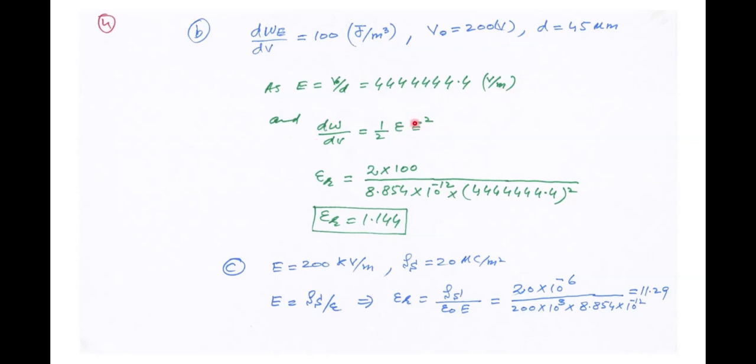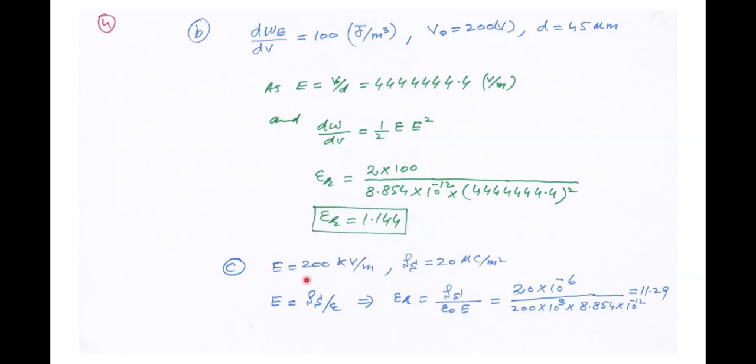Rearrange this relation, replacing epsilon by epsilon naught times epsilon r. So we obtain the relative permittivity of the insulating material in between the two conductors for this given data, which is equal to 1.144. Relative permittivity is a dimensionless quantity.